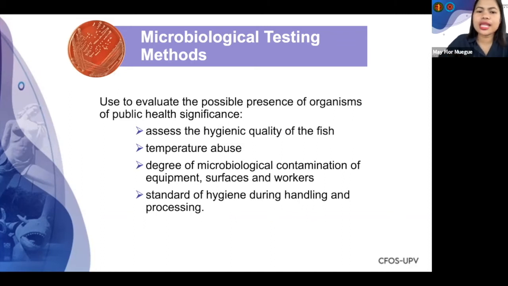And microbiological testing methods are used to evaluate the possible presence of organisms of public health significance. So this could help us assess the hygienic quality of the fish, whether the fish has been subjected to time-temperature abuse, and also to determine the degree of microbiological contamination of the equipment used, the surfaces, the workers, during the preparation of the product, and also to establish standard of hygiene during handling and processing.